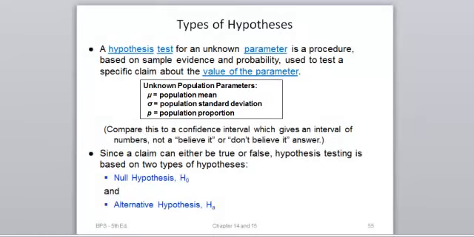Compare this to a confidence interval, which gives us an interval of numbers, not a believe it or don't believe it answer. Now, since a claim can either be true or false, hypothesis testing is based on two types of hypotheses. One we call the null hypothesis, and the other is the alternative hypothesis.